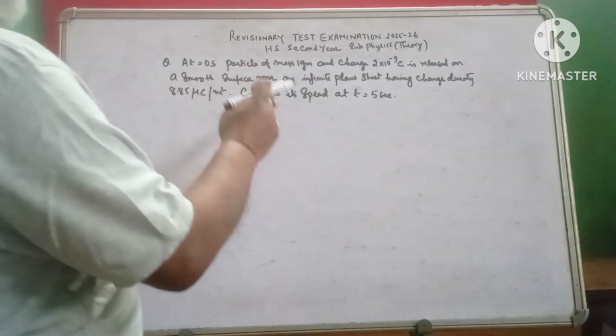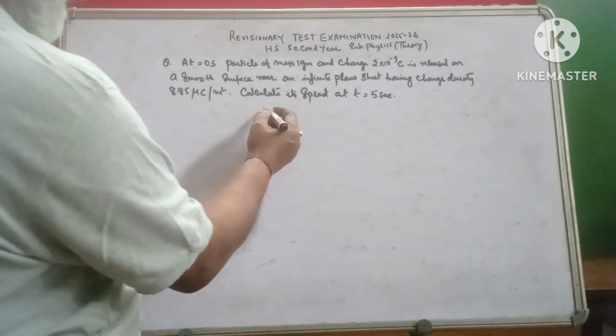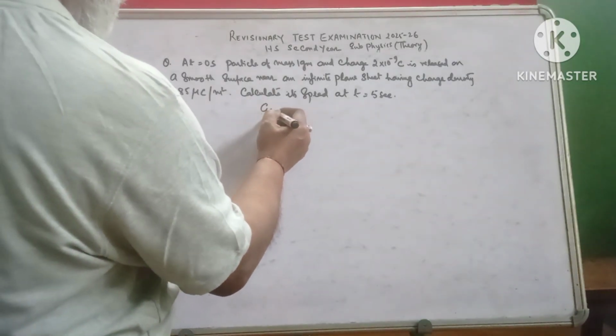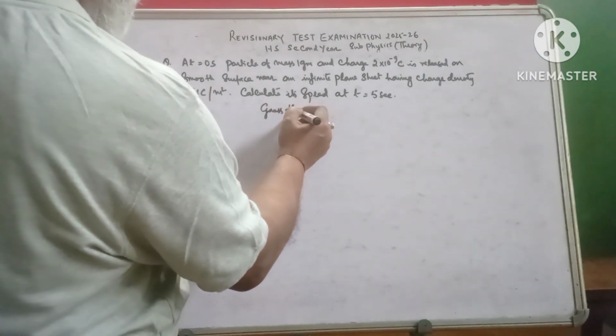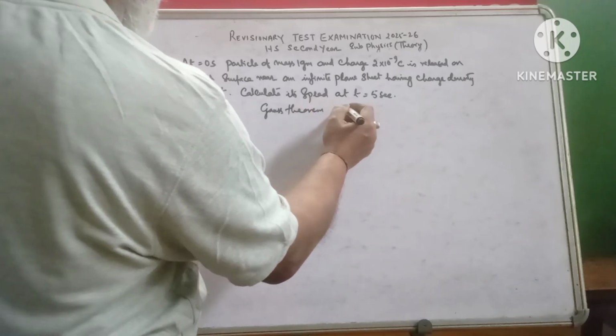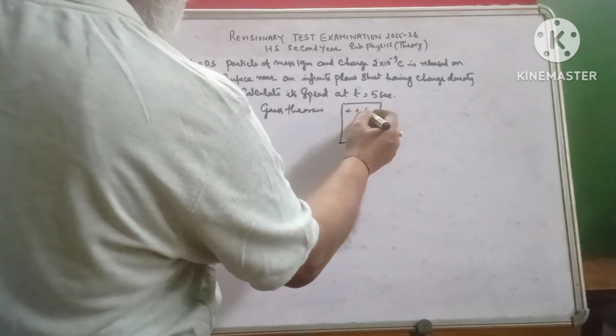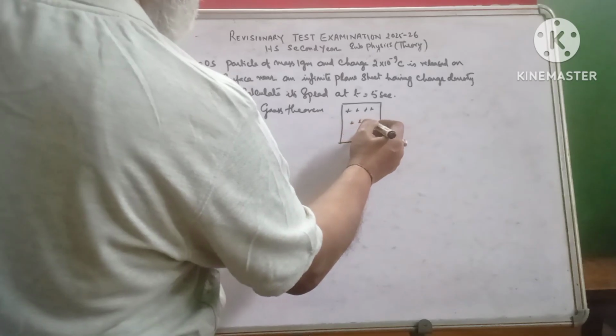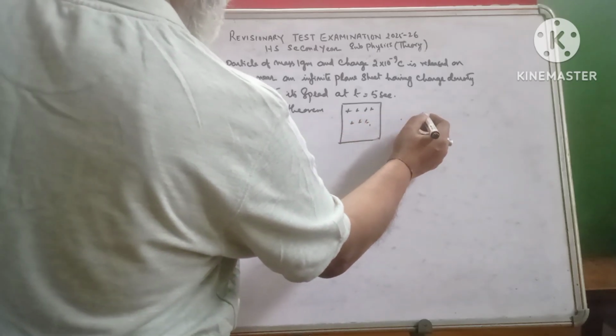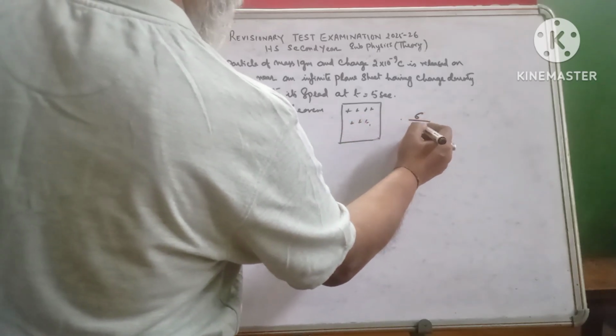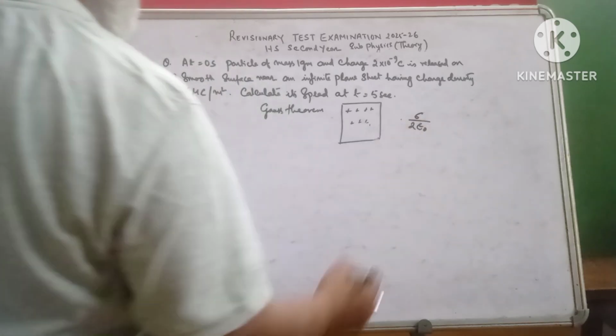So here this is a question. You have learned in Gauss theorem, for a uniformly charged sheet, the electric field at any point is charge density by 2 epsilon naught. You have read about it.